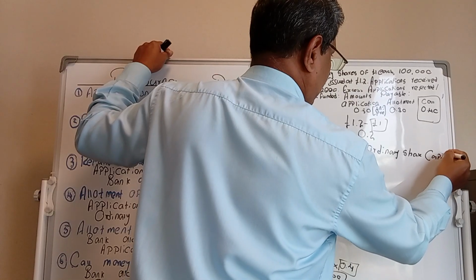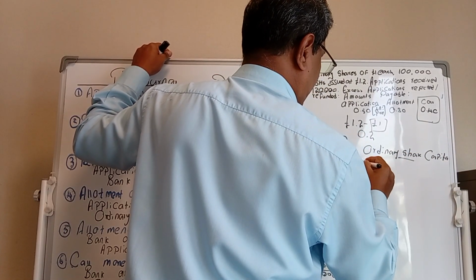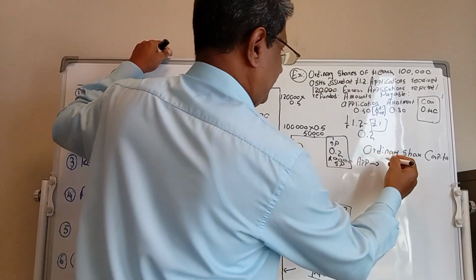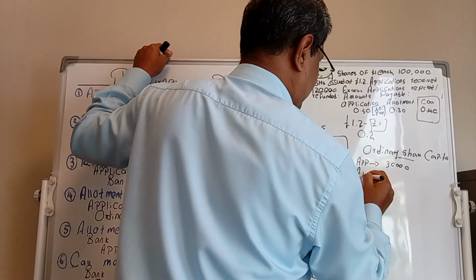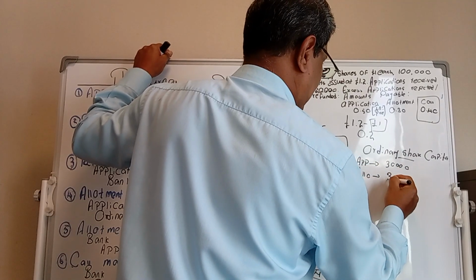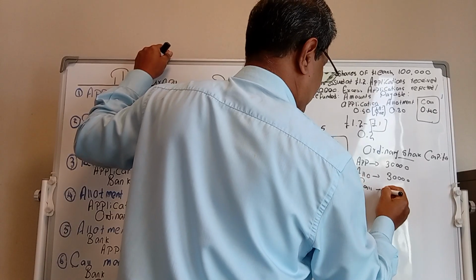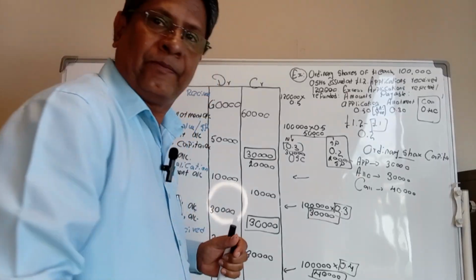We saw from the application amount, we collected how much? 30,000. From the allotment stage, we collected another 30,000. From the call stage, we collected another 40,000. Okay.